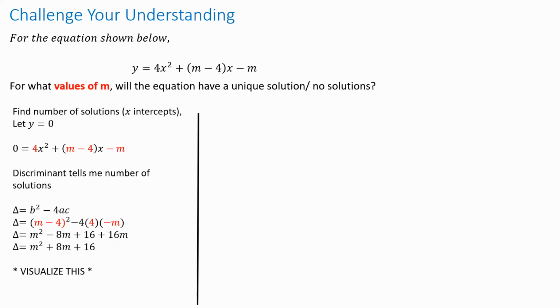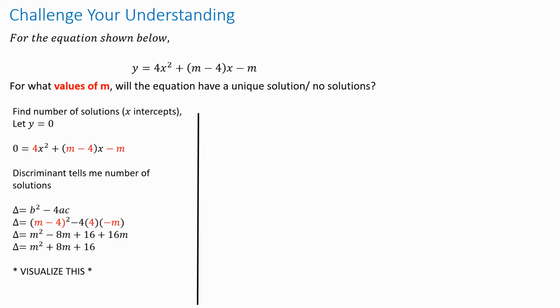Let's do it. Good. See, if you factorize this now, this is a perfect square if you think about it. It's m plus 4 times m plus 4. M squared, 4m plus 4m, 4 times 4.